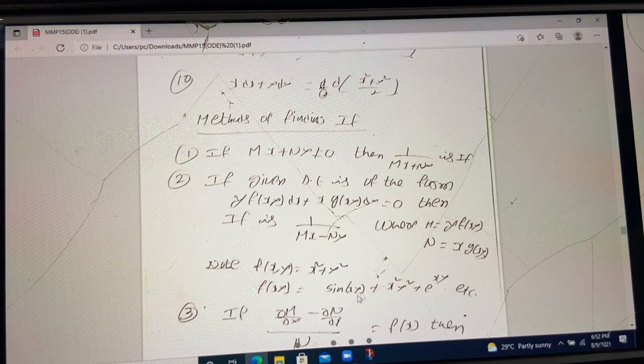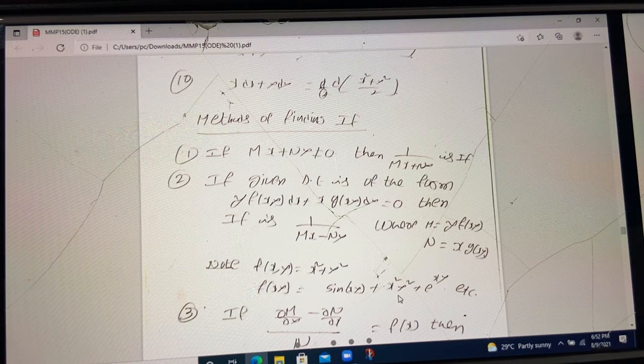Sin xy, wherever they are, their degree should be the same. In f of x comma y you can have x square y cube also. x and y need not have the same degree, but the product should be there. So here there is no product term. Both are of the same degree, but no product. So x and y should be together.